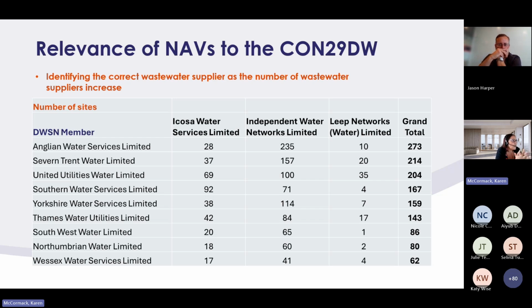There are a few known issues. Depending on the size of the postcode area, you can actually have 2 suppliers, a NAV and a water incumbent, supplying the same postcode.